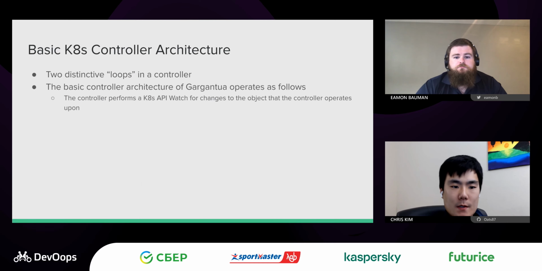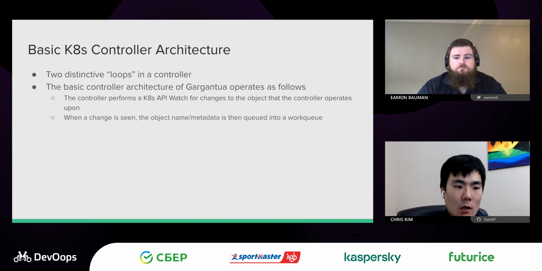And actually what happens is the controller itself, which is really just a loop or a couple of loops, performs a Kubernetes API watch for objects that the controller operates on. So for example, the user controller needs to sit around and watch for user objects being changed. And so it opens up an API watch against the Kubernetes API and is looking for those user objects and when they change and so forth.